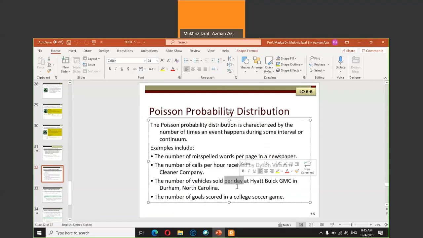Again, it is proportional: if in 1 day 20 cars are sold, then in 2 days it will be 40. Also the number of goals scored in a match. So in 1 game, what is the average value of goals scored?